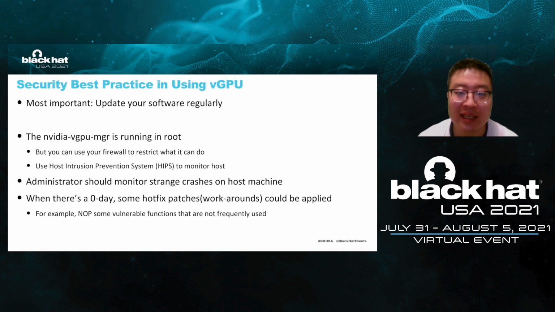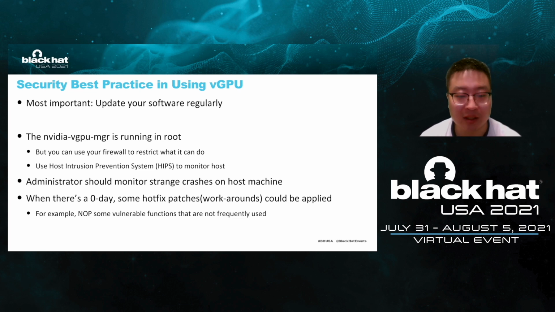And in the end is some security practice in using vGPU. The most important thing is to update your software regularly. And because the Nvidia vGPU manager is running as root, maybe you can use your firewall to restrict what it can do, or use a host intrusion prevention system to monitor the process activities.